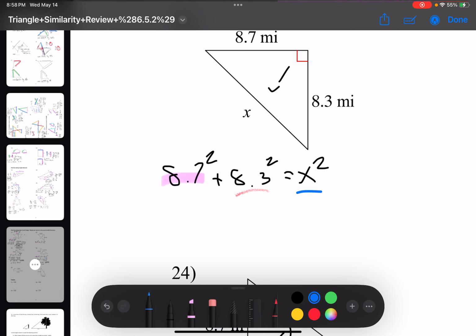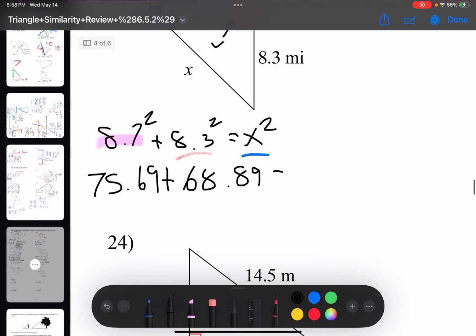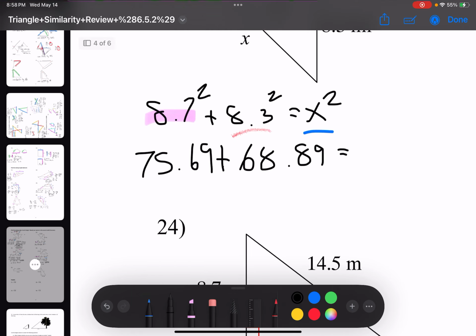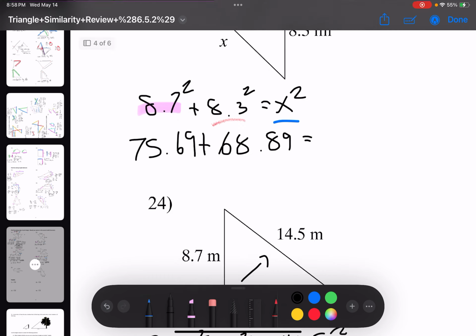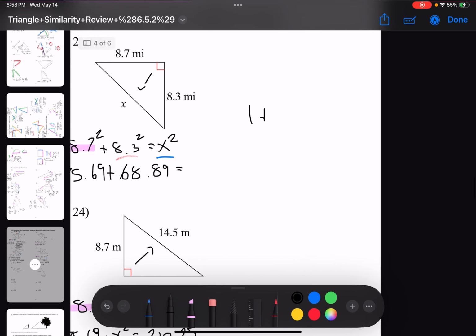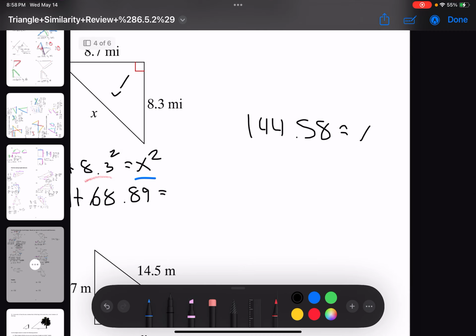8.7 squared is 75.69 plus, oh my god, guys, I think I'm glitching out. 8.3 squared, 68.89, which is equal, wait, hold on, let me just add those together. 75.69 plus 68.89, that's 144.58 is equal to x squared.